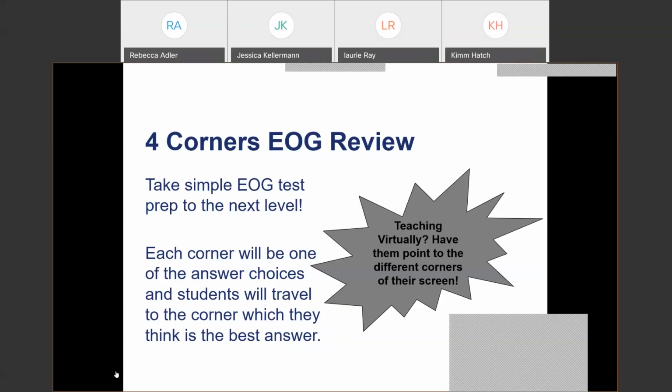Another way you could do that is have them actually get up and run so that it looks in the screen like they're in a specific corner with their cameras on to get them up and moving while virtually. But again, this is just another way instead of just putting in the chat if they think it's A, B, C, or D. Just adding some kind of movement and not so monotonous, just typing and staring at a computer screen.